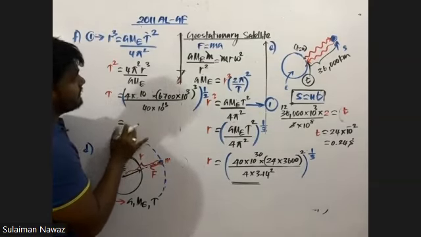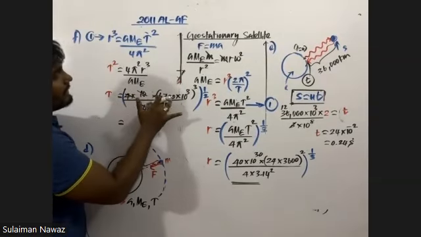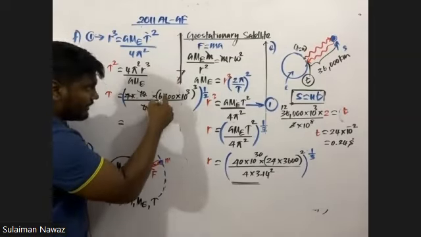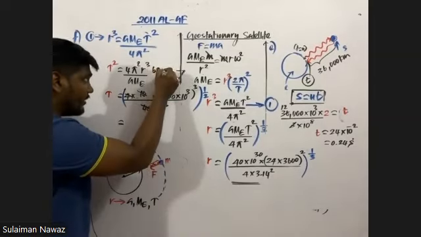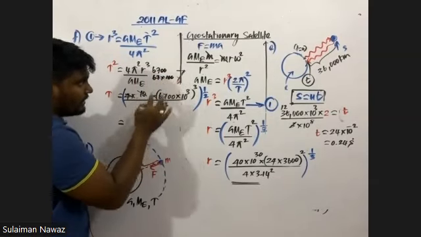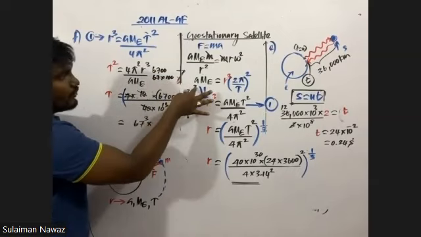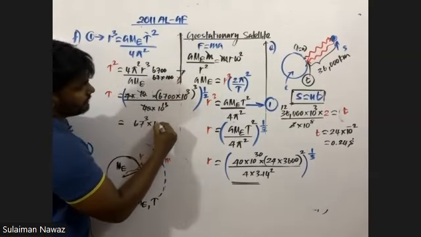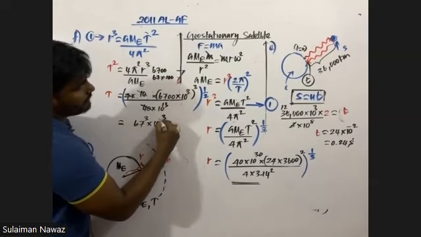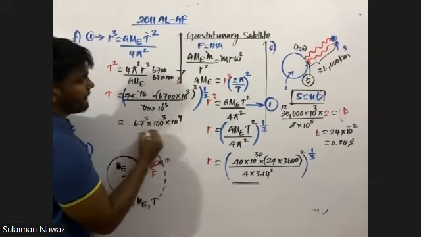If I further simplify this here, 40 cancel out. Then if I take 67, I can write down 6,700 as 67 into 100, right? 67 cube, 100 cube, into 10 to the power 9.